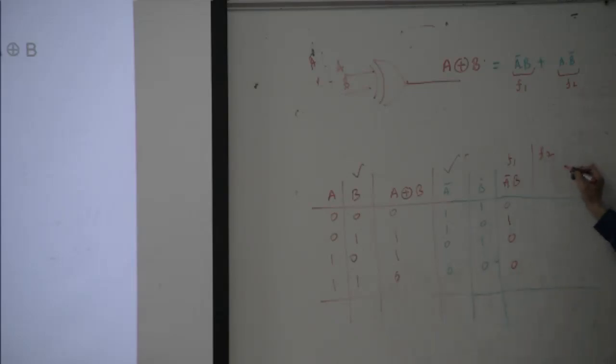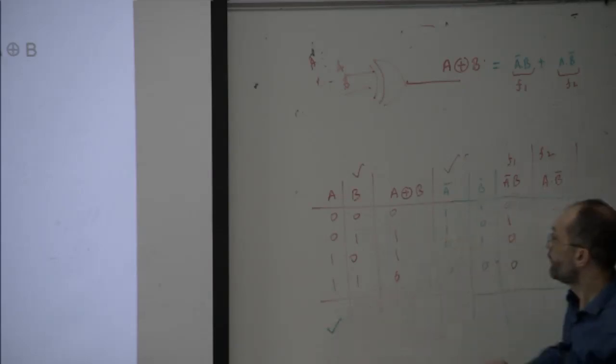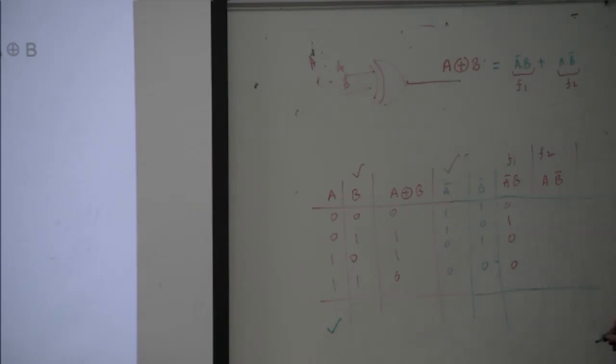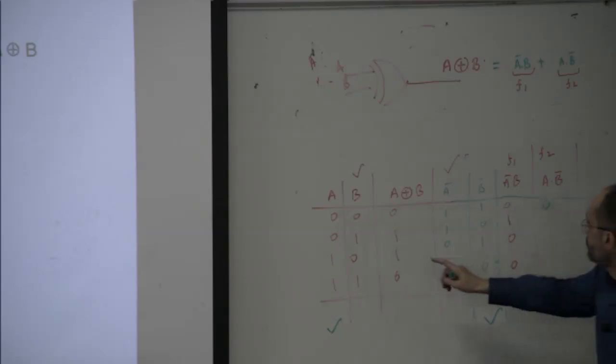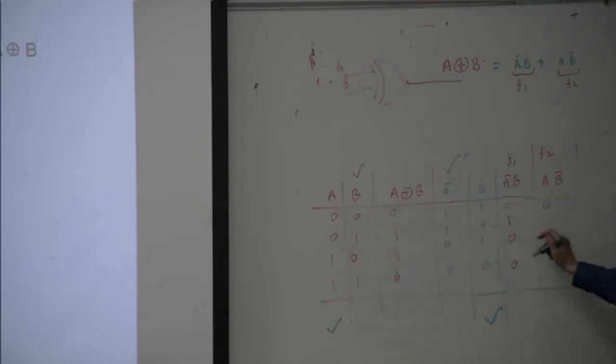What is F2? A dot B bar. For A dot B bar, which column should we consider? A dot B bar: 0 0 1 0, then 0 0 0, 1 1 1, and then 1 0 0.